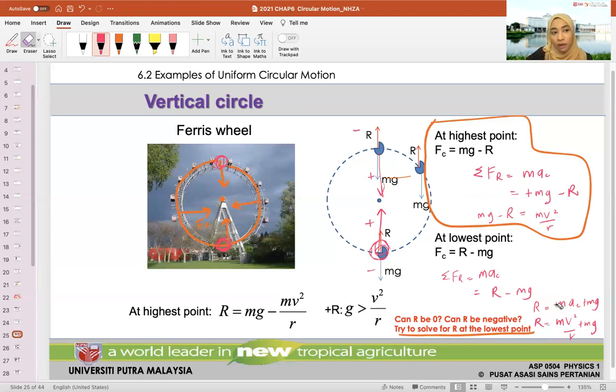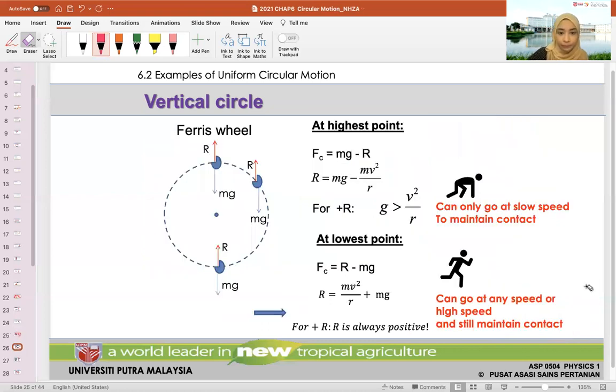So if R is equal to mg, we just feel normal. If R is greater than mg, kita rasa macam kena tekan. But if R is less than mg, we would feel like macam nak melayang ataupun macam tengah terbang sikit. This is what I feel lah. At the highest point, R positive is only applicable when v squared over r is less than g.